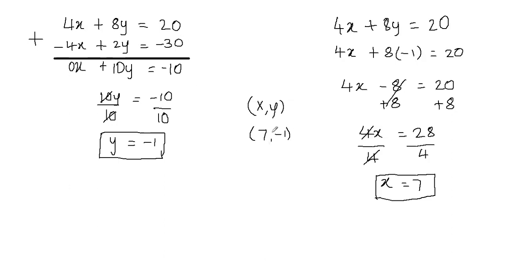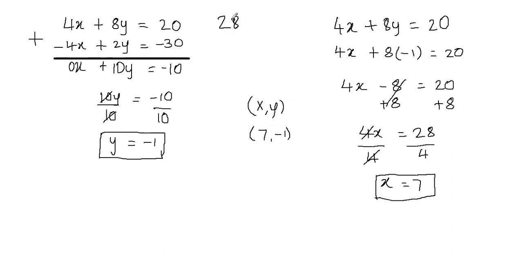Now if you want to verify whether your answer is correct or not, what you can do is plug in 7 for x and negative 1 for y into both the equations and see if it satisfies the equations or not. So let's plug in 7 for x and negative 1 for y. So this is going to be 4 times 7, which will give us 28.